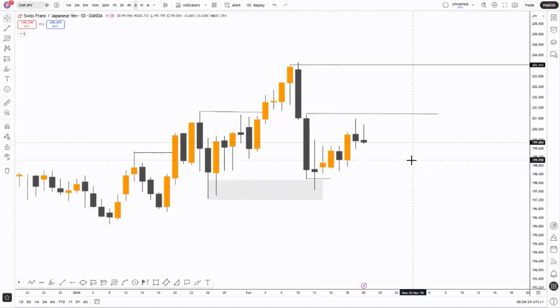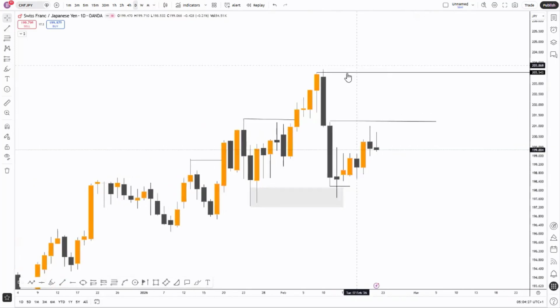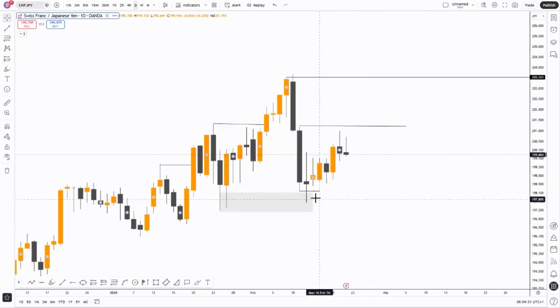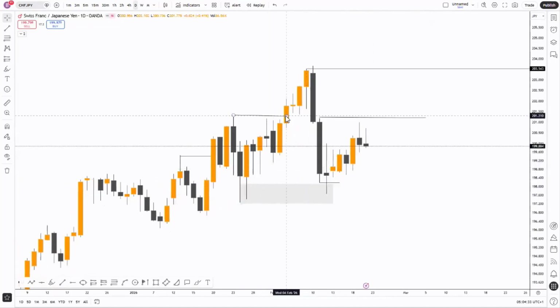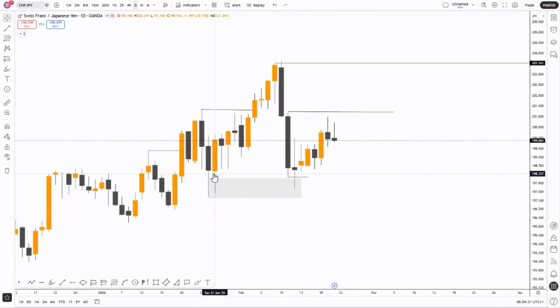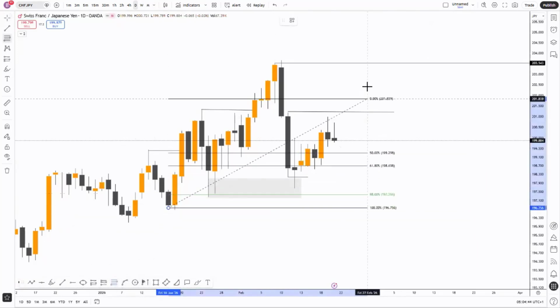This will be my first target, and my second target will be above this high, which is your buy side liquidity. Now, seeing that we are in an uptrend, which is number one confluence, the number two confluence is that we are in a discount zone, using your FIB tool from swing low to swing high.